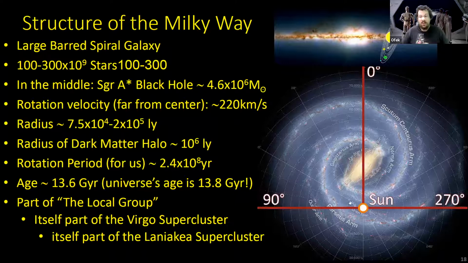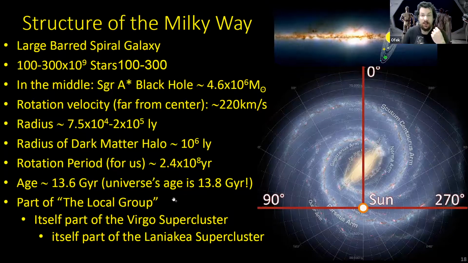So in our case, the Milky Way has been around for a lot longer than our particular solar system, which is quite new. And we are not alone in the sense that the Milky Way is not a single galaxy floating in space.